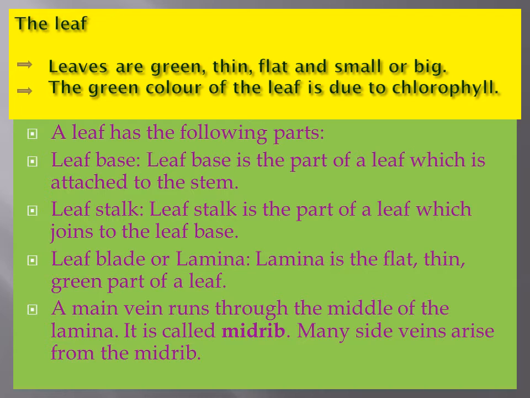Third one is leaf blade or lamina. Lamina is the flat, thin, green part of a leaf. A main vein runs through the middle of the lamina. It is called midrib. Many side veins arise from the midrib.